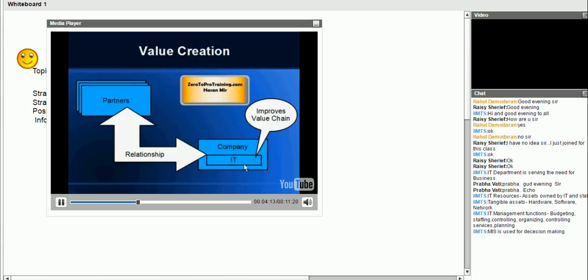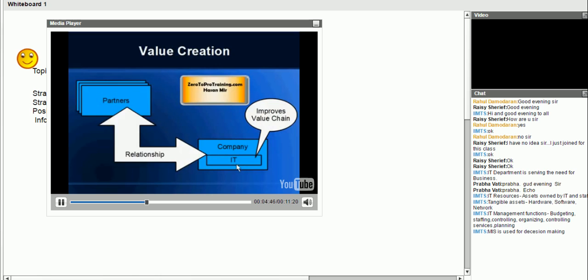IT has to be in line with the industry standard technology so that the company can talk to the partners and other entities in the environment. And IT plays a big role in medium to large size companies. So the better a company can establish relationships with the external environment, the better value chain it will create, and that is the focus of IT management, to make creation of value chain possible.